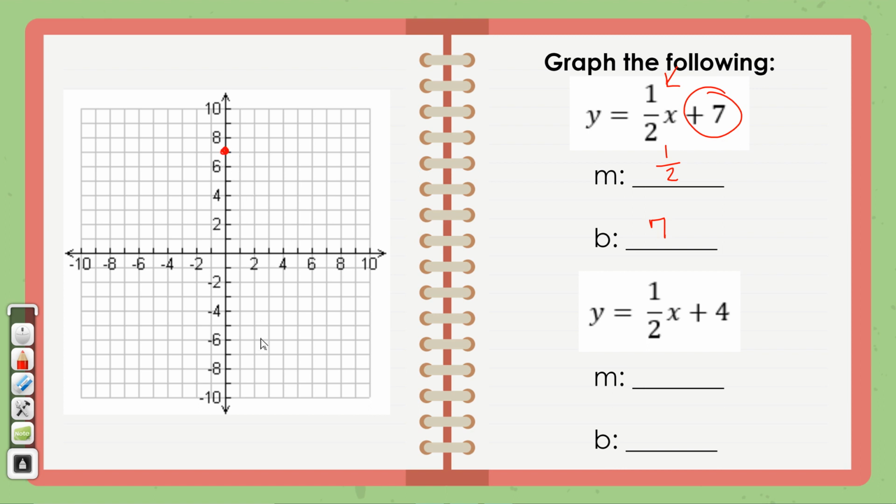We're going to start at positive 7, and we're going to go which direction? Rise, then run. Rise 1, run 2. Rise 1, run 2. Reverse it, down 1, left 2.